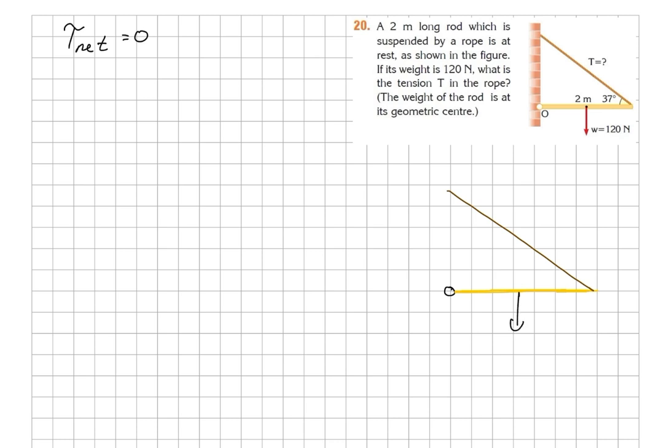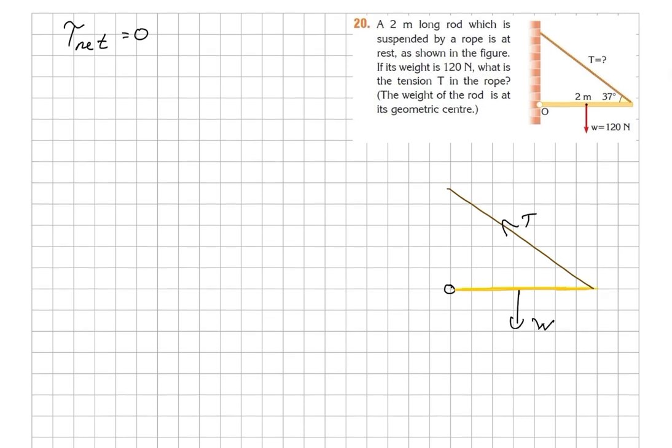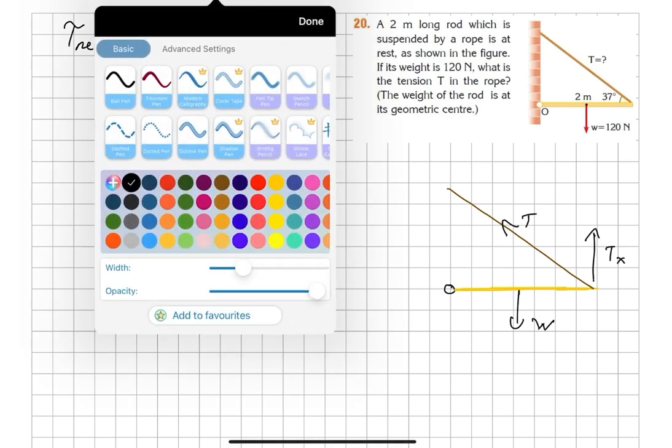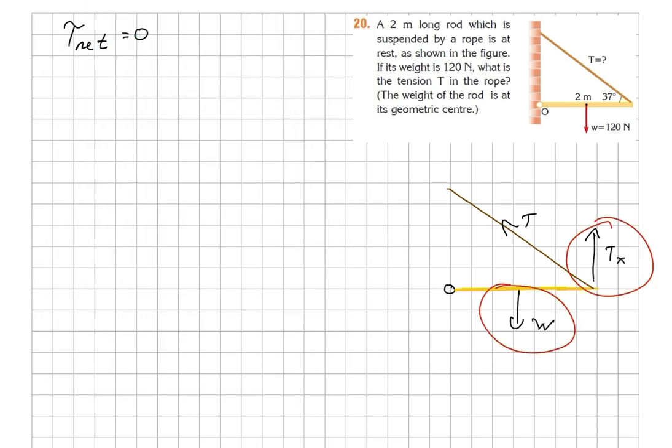We have the downward force, the weight of the object, and the second one is the tension, but to define the torque we need only the vertical component of the tension, which is tension by X. These two forces in combination make the net torque 0. So the net torque is equal to 0, which is equal to the torque of the tension by X minus the torque of the weight.